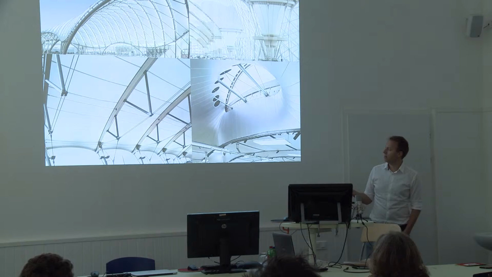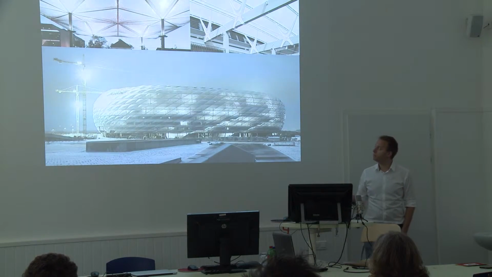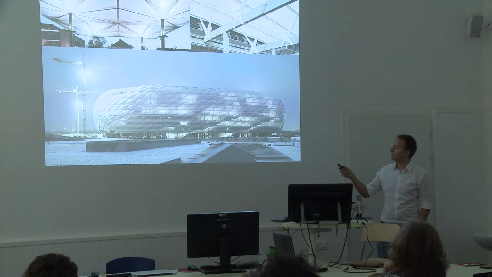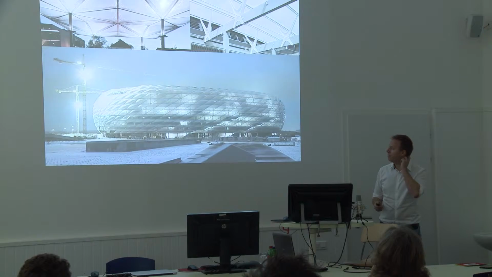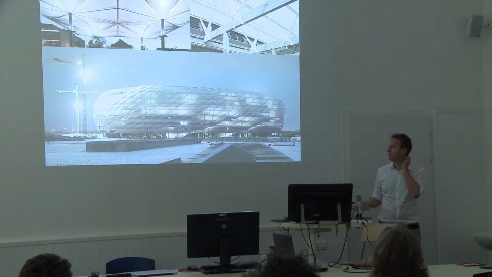I actually had the luck to work at this company in Germany who built the Allianz Arena in Munich. As you can see, membranes are technically foils, and they're gaining more and more investment due to the developments in the fabric industry, and they are used at more and more constructions.